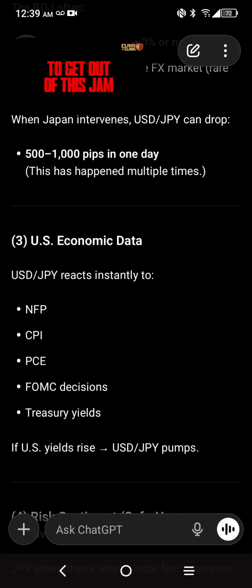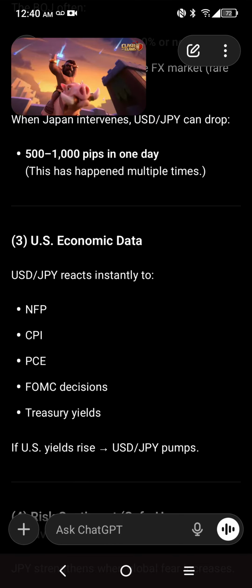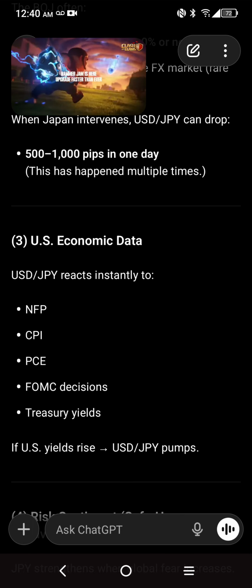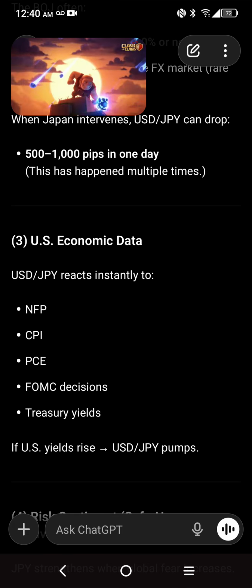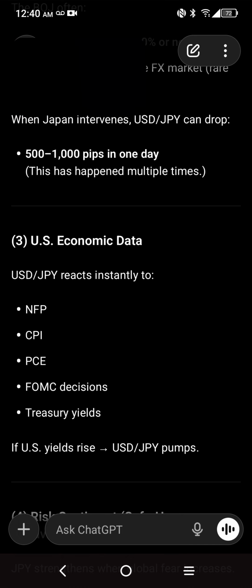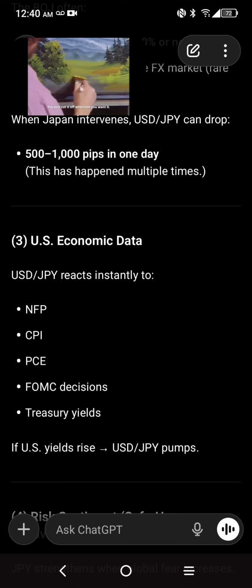Okay, so if the bond yields are rising rapidly or falling rapidly, the quotation will react to that rise or fall, and the value of the dollar versus the yen will do so in its particular manner. So if U.S. yields rise, U.S. dollar JPY pumps, right? So it acts in accordance to what the 10-year bond yield does.